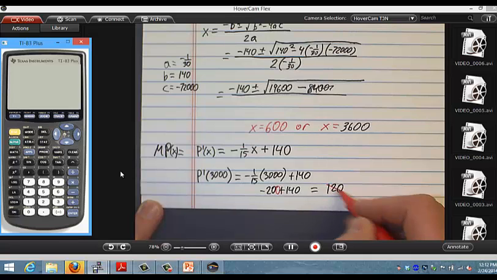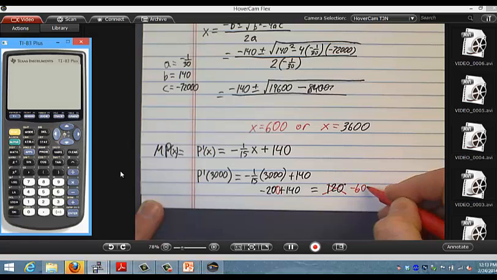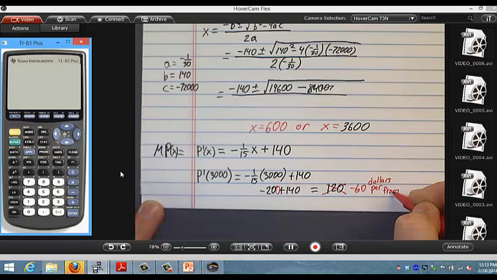Does that make a difference? Because now what's happening? Negative 60 dollars per frame. What does that tell me? Should I make additional picture frames? No. Because every time that I'm making additional picture frames at this point, I'm actually losing out on profit.